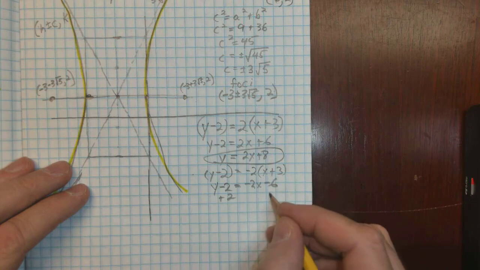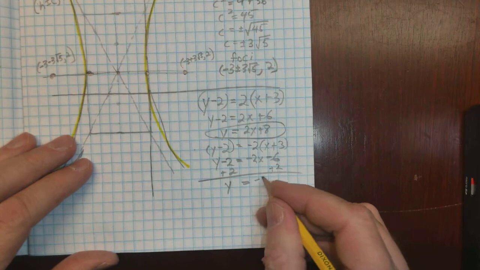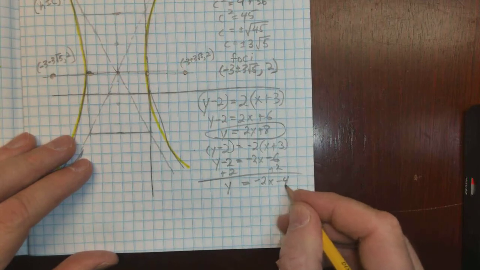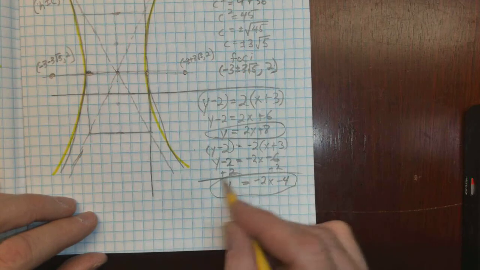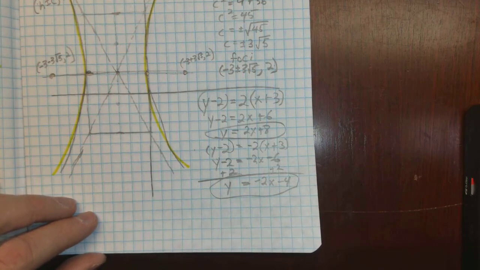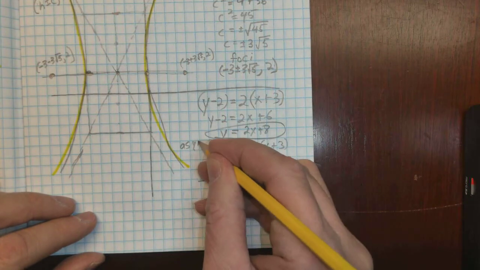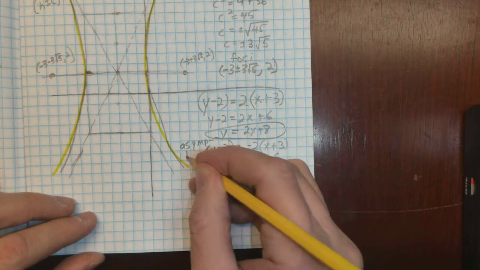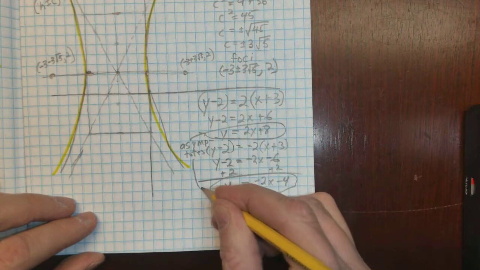I got y equals negative 2x minus 4. And I've got that one then. Okay, these are the equations there. All right, I'm going to call it a day on this one.